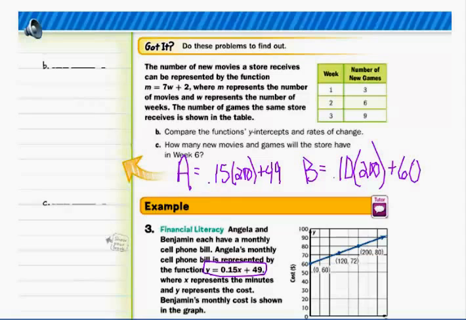If you work that out, Angela will pay $79. What will Benjamin be paying? He will be paying $80. So he's only paying $1 more, and that's what they're asking you to do. Okay? So I want you to try one more.